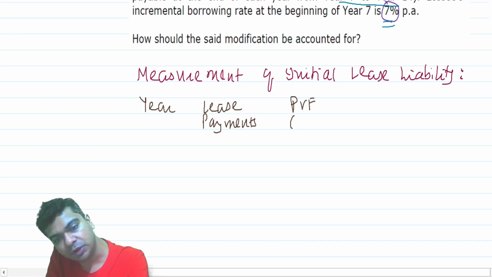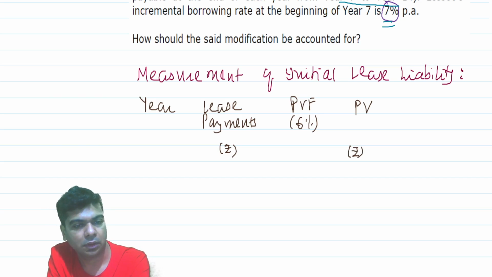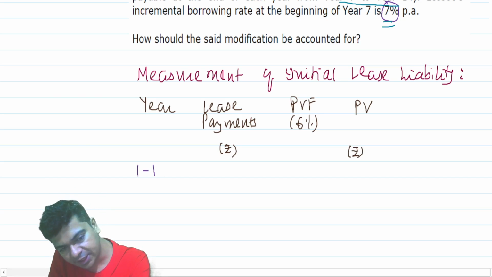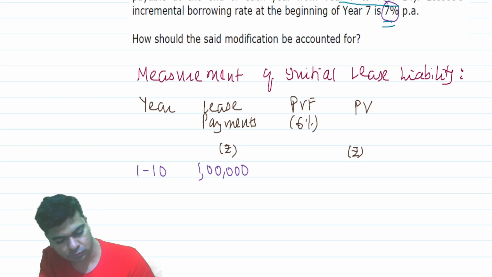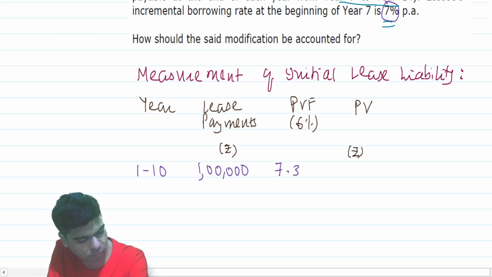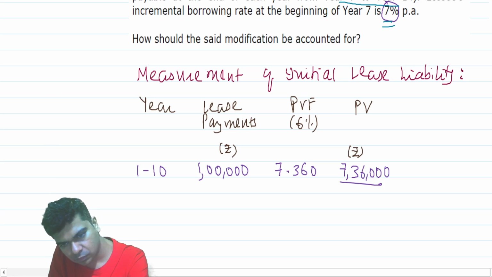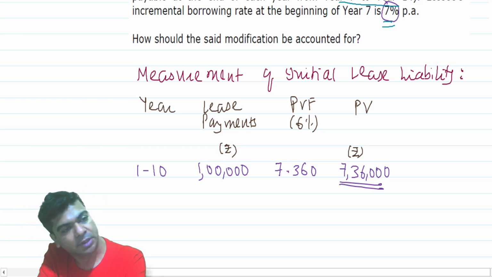Originally, the discount rate was 6%. The lease term was for 10 years. Lease payment is 1 lakh. Count it. So your original lease liability is 7,36,000.